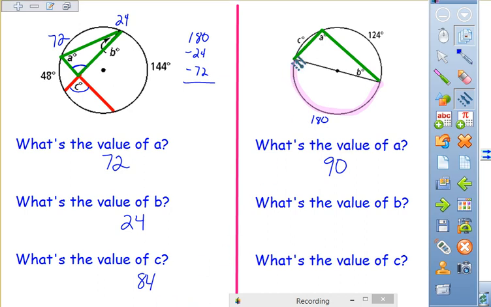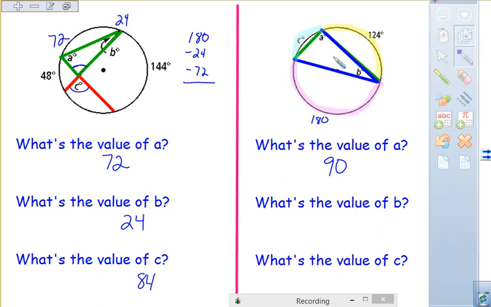B. Well, let's highlight what angle B is. Here's our inscribed angle, and it intercepts arc C. And then I notice this arc 124. So then, what is yellow plus pink plus blue? 360. So then if I subtract 360 minus 180 minus 124, I could get my answer.